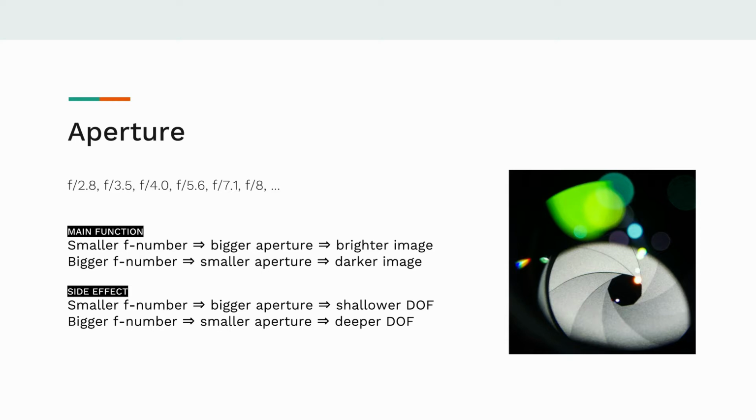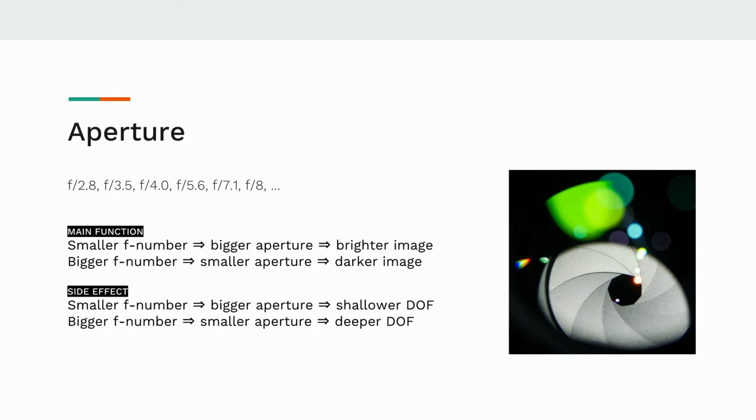So we get this very nice result, which is that a smaller f number implies a bigger aperture, and hence a brighter image, because the bigger the hole in your lens, more light is going in and hitting the sensor. Whereas a bigger f number implies a smaller aperture, which implies a darker image, because less light is passing through your lens to reach the sensor, because the hole in your lens is smaller.